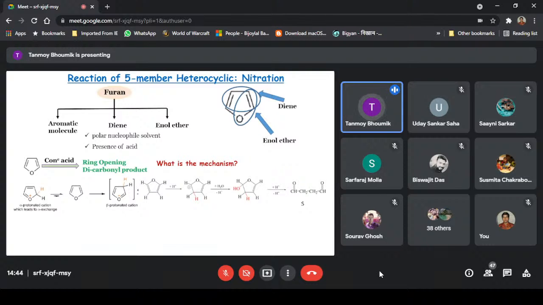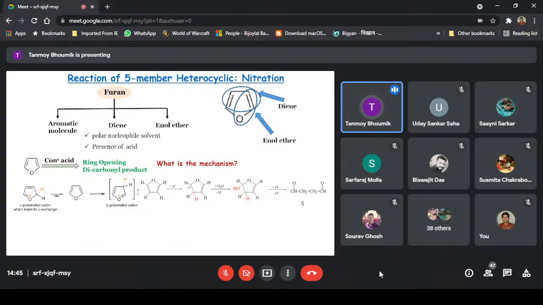What is the mechanism? In the furan compound, the oxygen has a lone pair, and because of this lone pair it is easily attacked by the source of proton, and ring opening occurs. Ring opening occurs in this process. That's why we always use special conditions for nitration of furan type reactions.